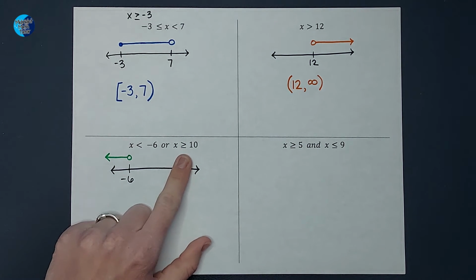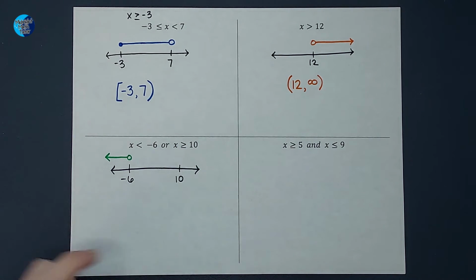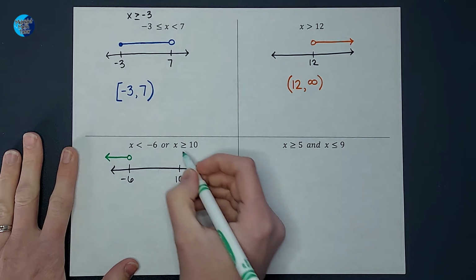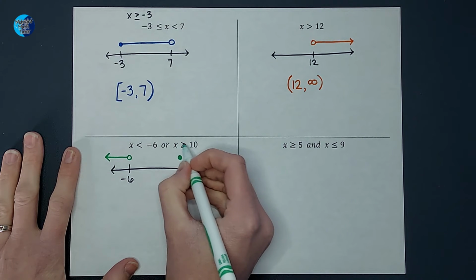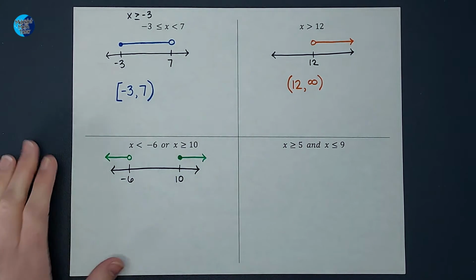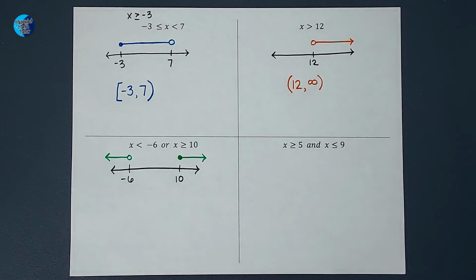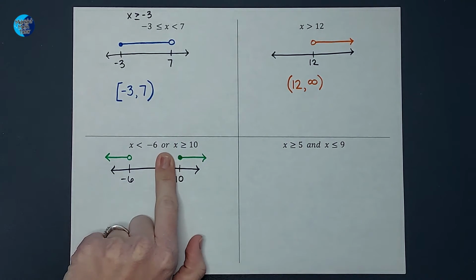Then let's look at our other one. Or x is greater than or equal to 10. So because there's that equal to, it can be 10. So I'm going to use a closed circle. Greater than or equal to, so the numbers bigger than 10 are in that direction. All right, right here is where it's important to pay attention to if this is an and or an or.